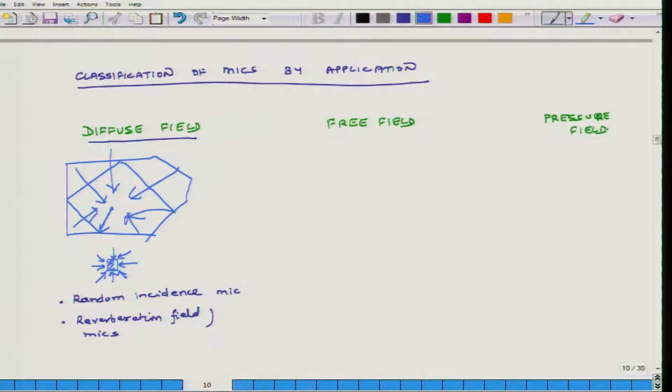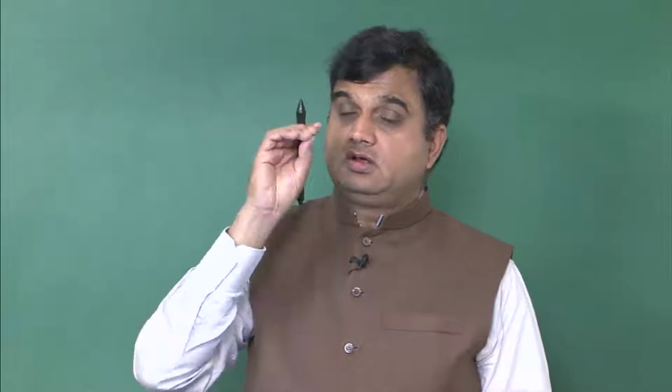So, in such a case your sound field is typically like this. Sound waves are traveling in a particular direction, so there is a bird or there is a speaker and the sound is going like that, okay.